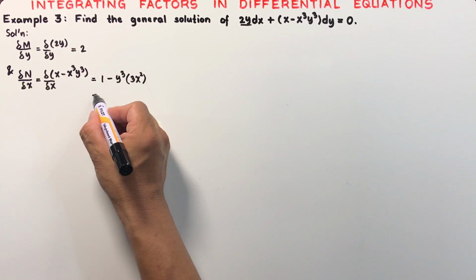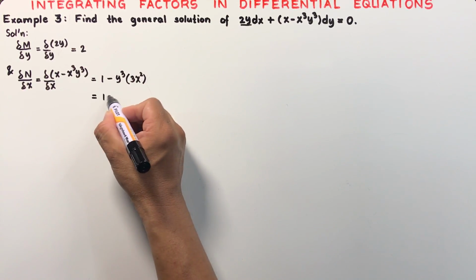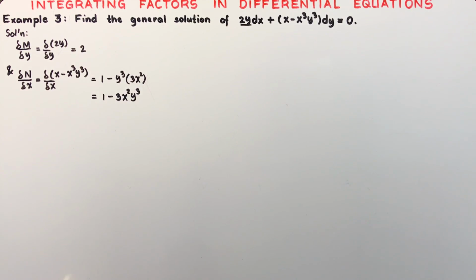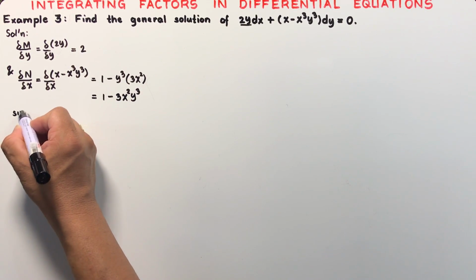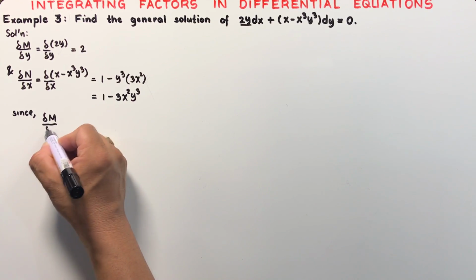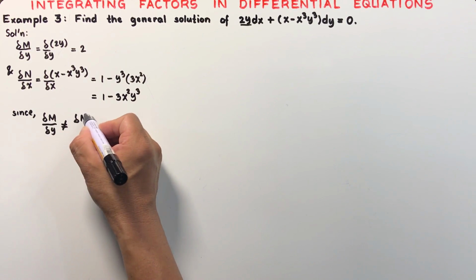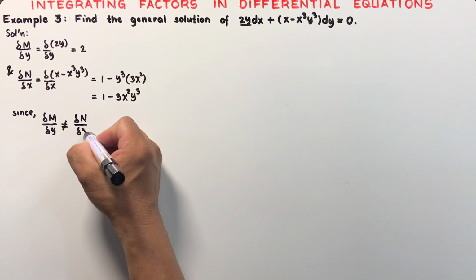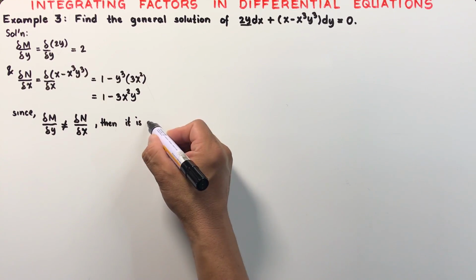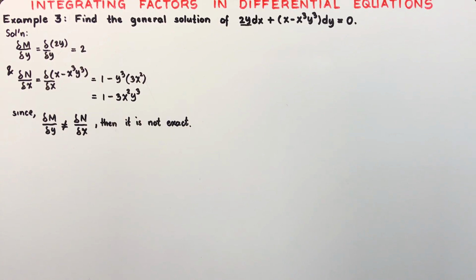So our partial derivative of N with respect to x is 1 minus 3x squared y cubed. And since the partial derivative of M with respect to y is not the same as the partial derivative of N with respect to x, this differential equation is not an exact differential equation.